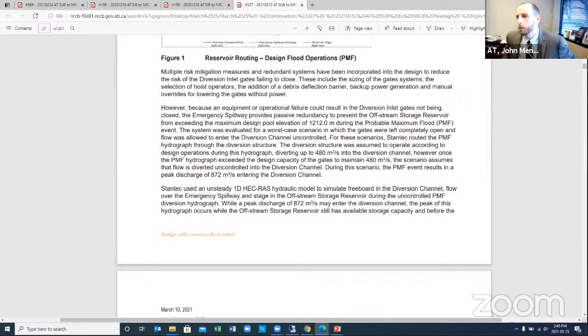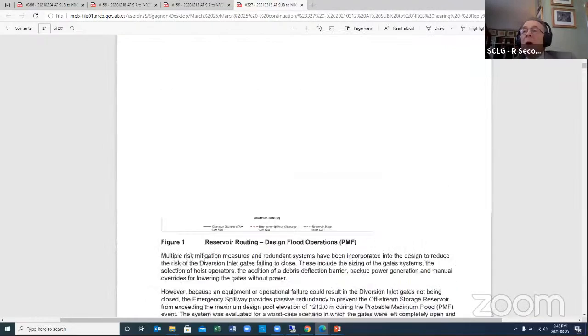Either scenario would function well, Mr. Secord. So I'll explain the purpose of these two figures. This first figure, shown, is the probable maximum flood. So again, document host, could we scroll down or up?